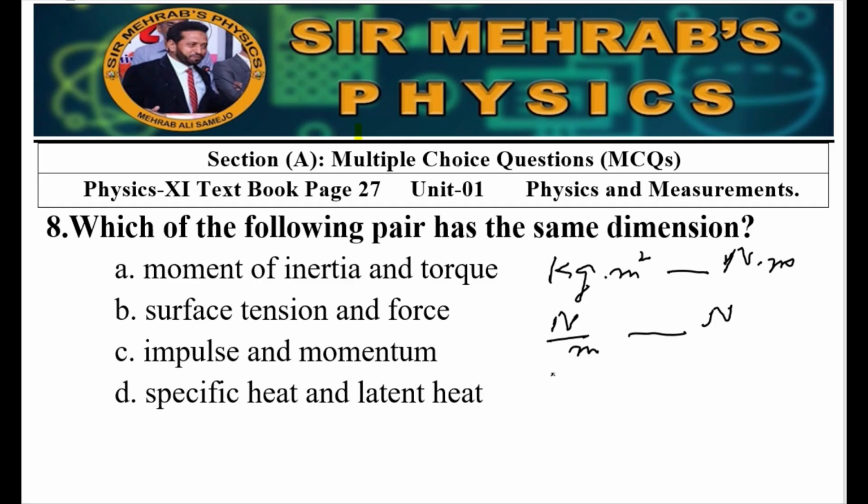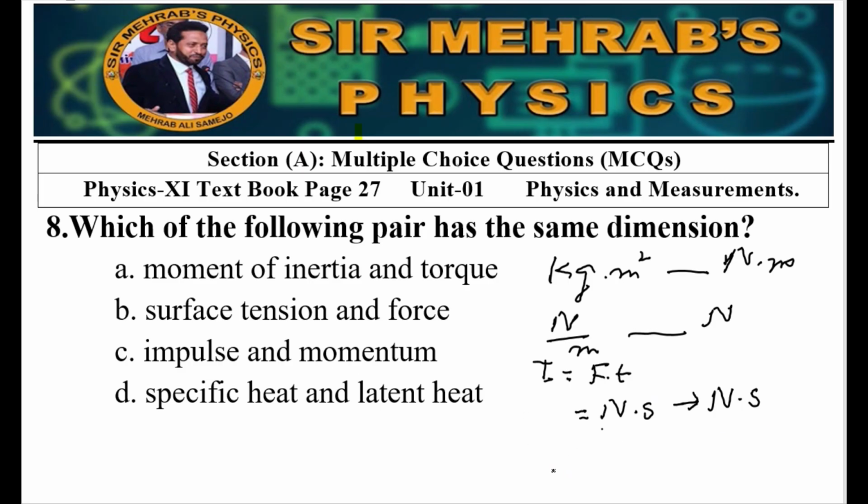Impulse, its formula is I is equal to force into time. So its unit is Newton second, and we know that the SI unit of the momentum is also Newton second.